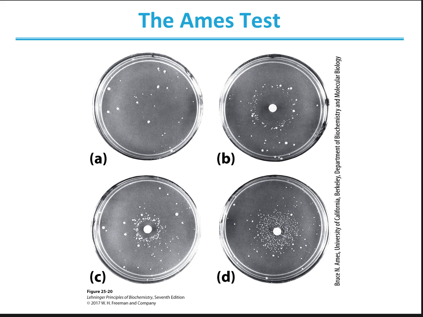Sometimes compounds are not mutagenic until they're processed by the cell. One adaptation of the Ames test is that you can incubate the compound with liver extract, and in that incubation, the mutagen can be activated to a more mutagenic form of the compound. A lot of times that extra step has been added.